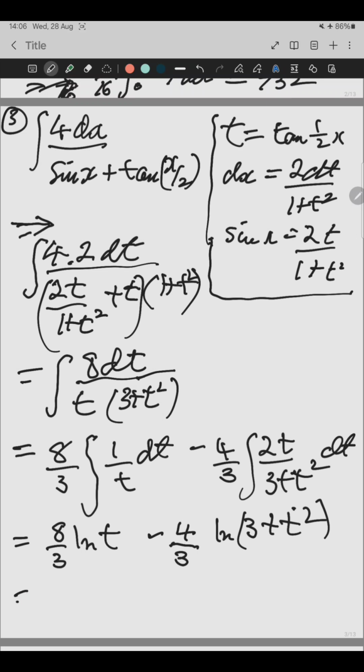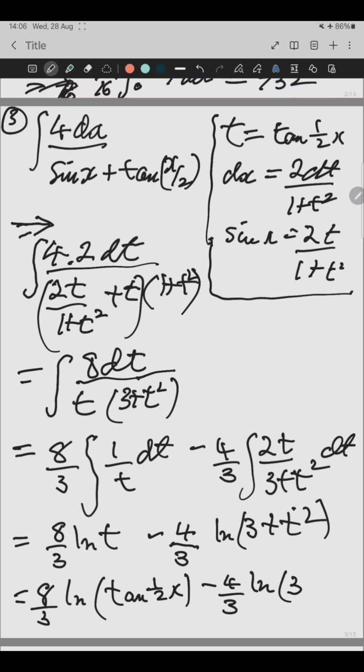Okay, and substituting back to give us back our x's, that would be 8 upon 3 log n of tan of half x, minus 4 upon 3 log n of 3 plus tan squared of half x, and that completes it.